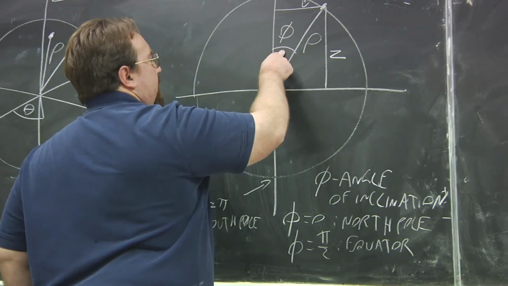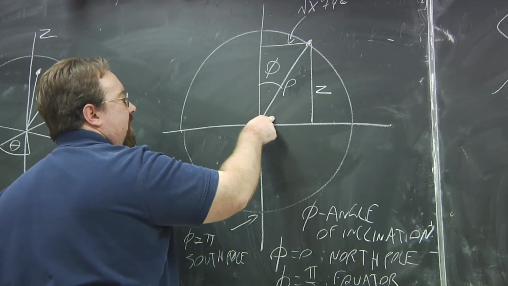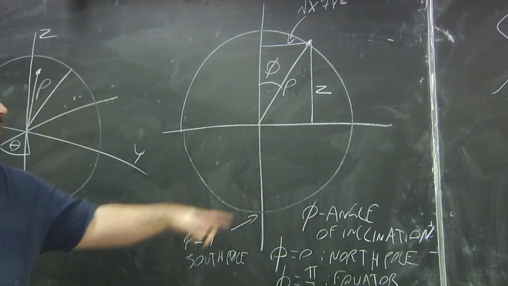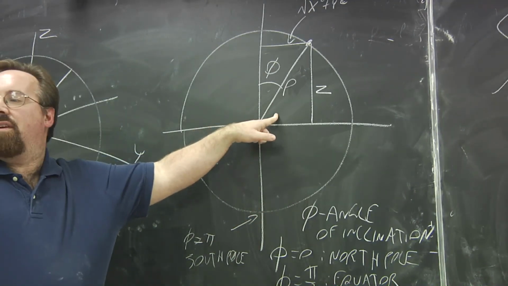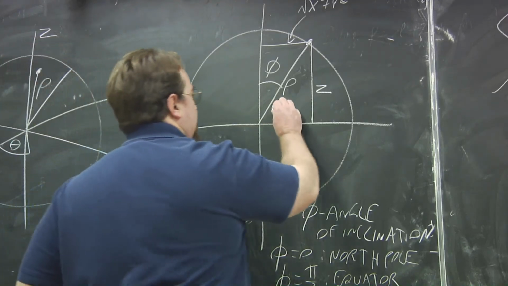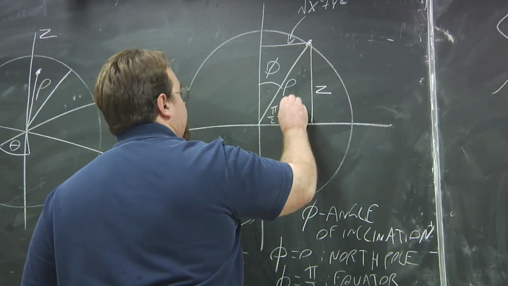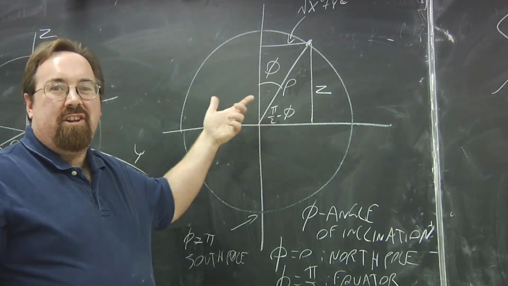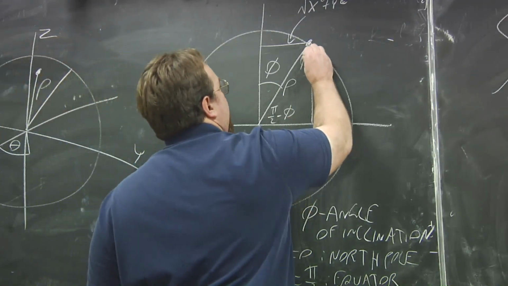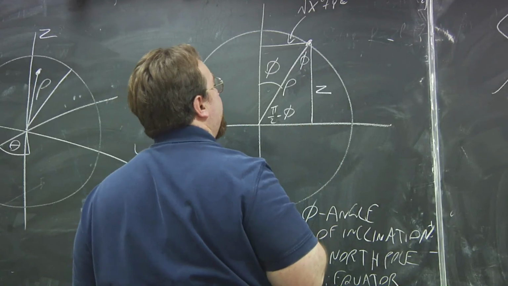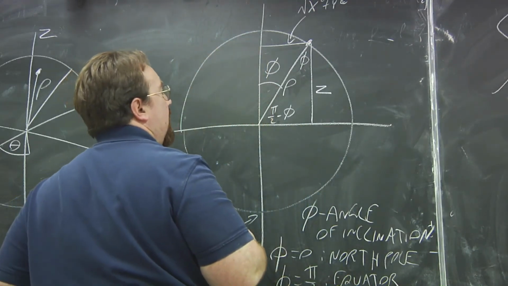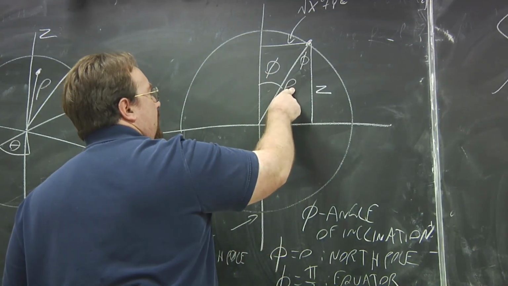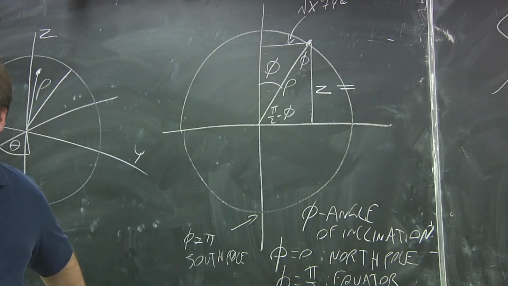So if this is our angle phi, what's this angle going to be? It's going to be 90 minus whatever the measure of phi is. So it's going to be pi over 2 minus phi. And this angle? 90 minus this. That just gives you phi again. So phi's over here. All right. So now, if we know rho and we know phi, what is z? Cosine.